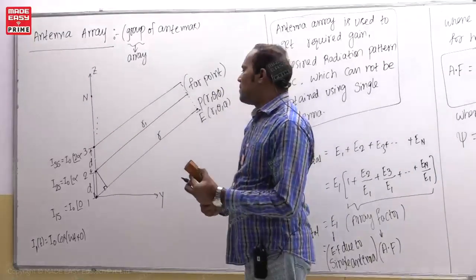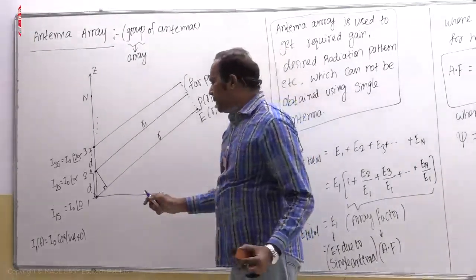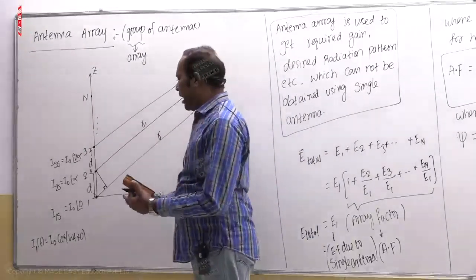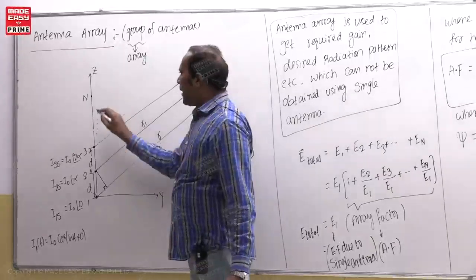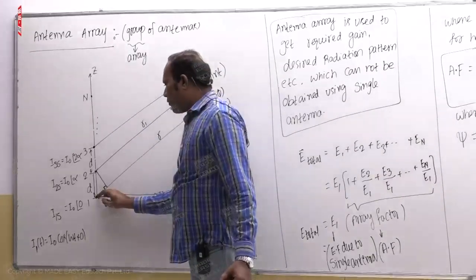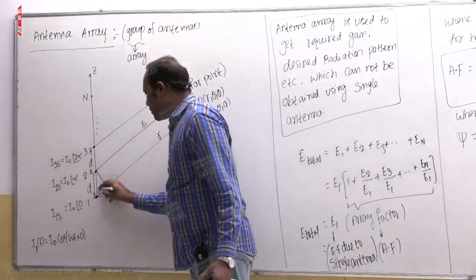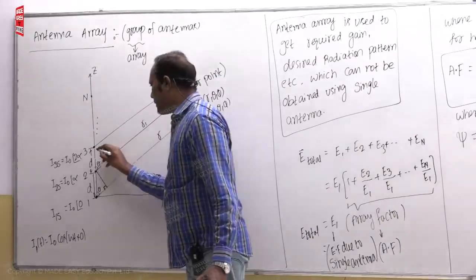So here this is d, the distance between antenna elements, and the angle between the Z axis and the line drawn from origin to this field point is theta, student. This is also theta. Everything is theta here.